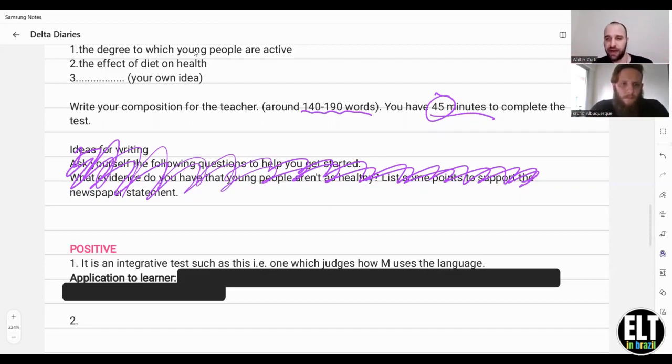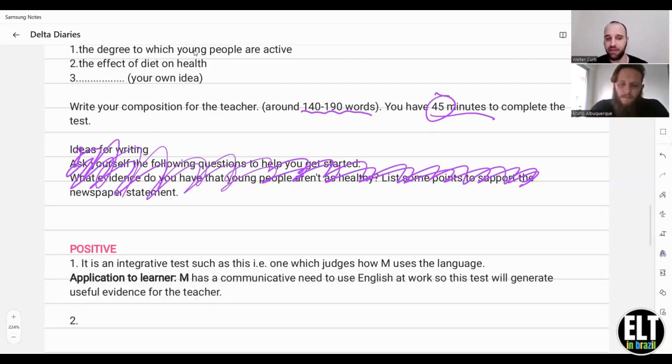Now you also have to write about the application to the learner, and then you will have something like this. M has a communicative need to use English at work, so this task will generate useful evidence for the teacher, which is basically what Bruno said. Now it's important that you do not repeat this. You use it only once.